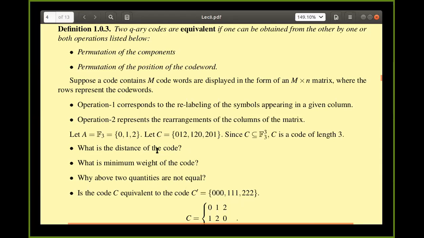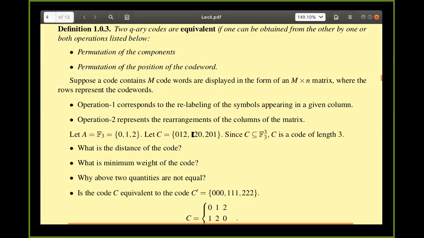Distance means I take all the distances. What is the distance between these two words? 3. They are different at all places. I deliberately took it like that, 0, 1, 2. Now I started with 1, I started with 2 here, right?